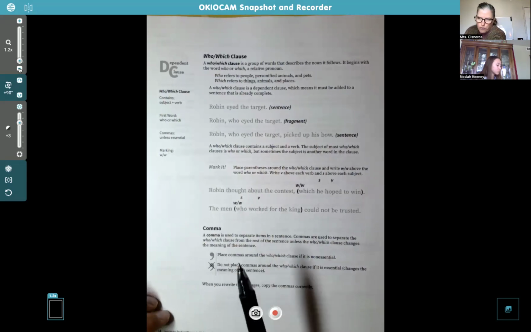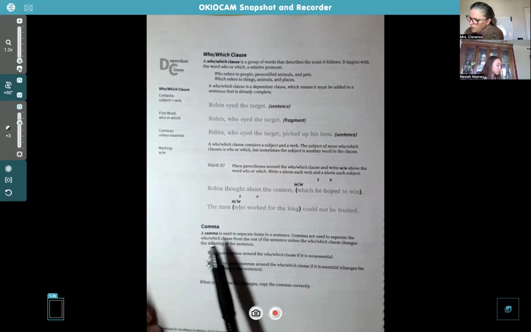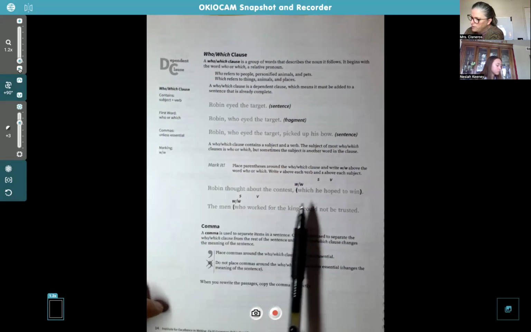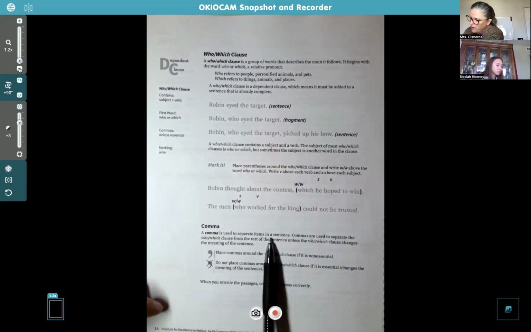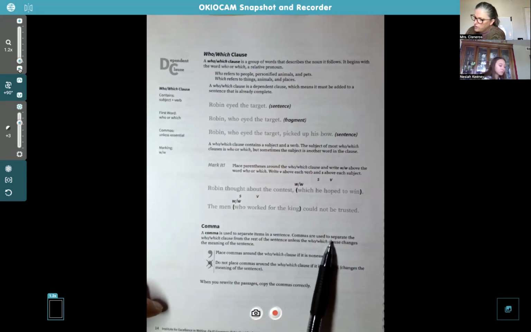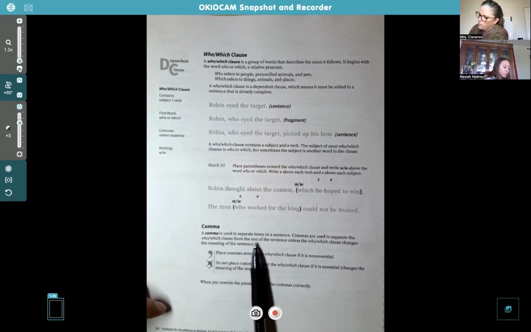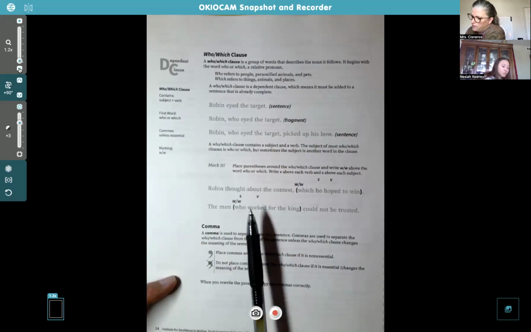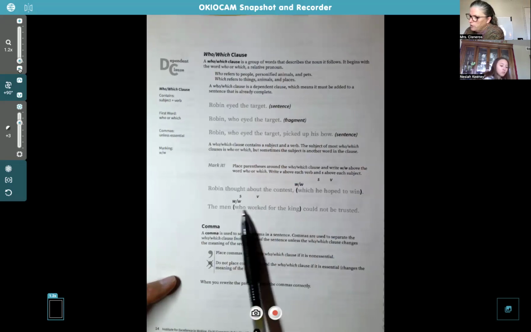And then there's comma rules. Notice there's no comma in this one, but there is a comma here. So it does say it's used to separate items in a sentence. Commas are used to separate the who which clause from the rest of the sentence unless the who which clause changes the meaning of the sentence. Then you don't need a comma, like this one here, who worked for the king.